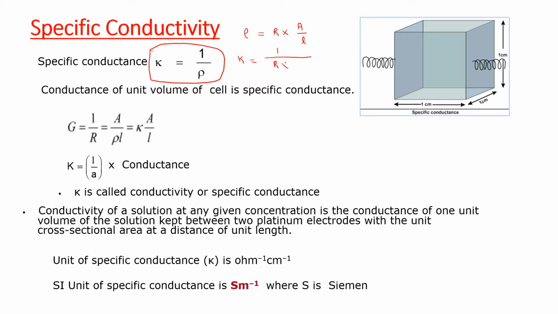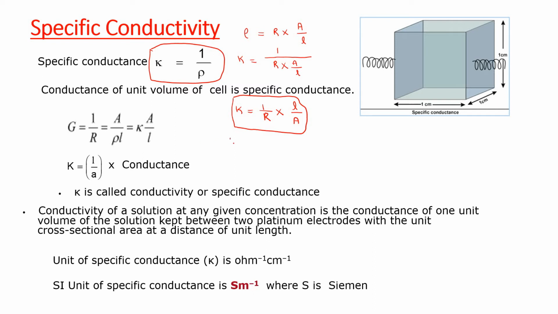R into A by L. Now this we can write as K equal to 1 by R into L by A. Okay, this is the formula for calculating specific conductance, otherwise specific conductivity, otherwise simply conductivity, isn't it?